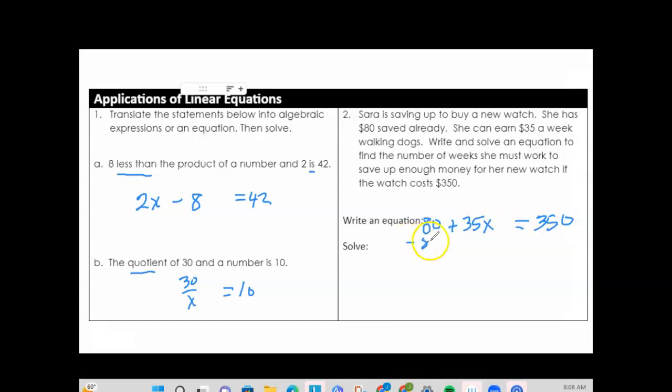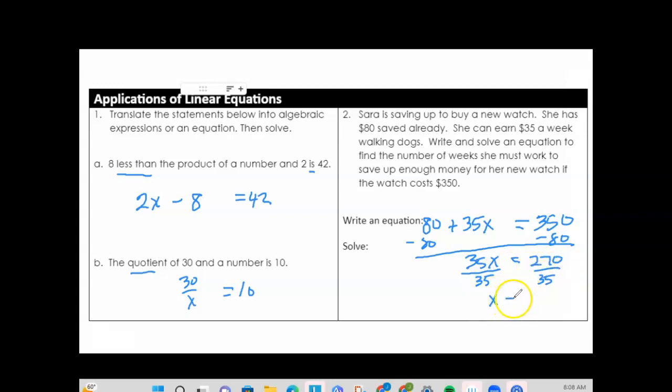Now we just have to solve, right? So subtract 80. 35x equals 270. 35 times x means we need to divide by 35.